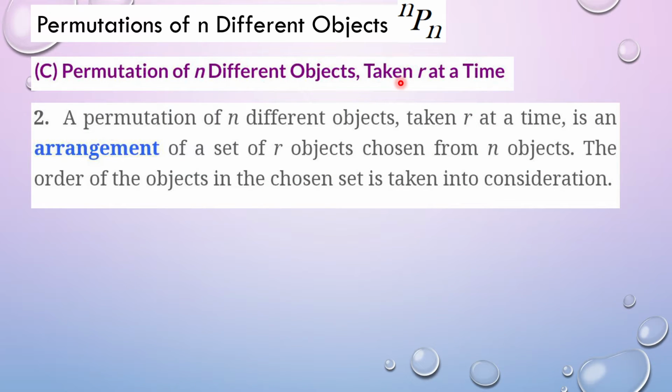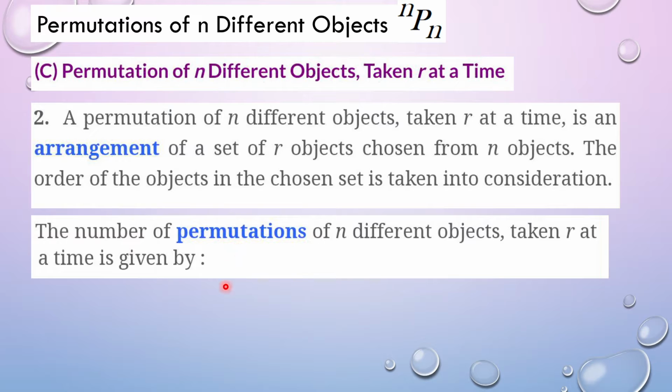A permutation of n different objects taken r at a time is an arrangement of a set of r objects chosen from n objects. The order of the objects in the chosen set is taken into consideration.